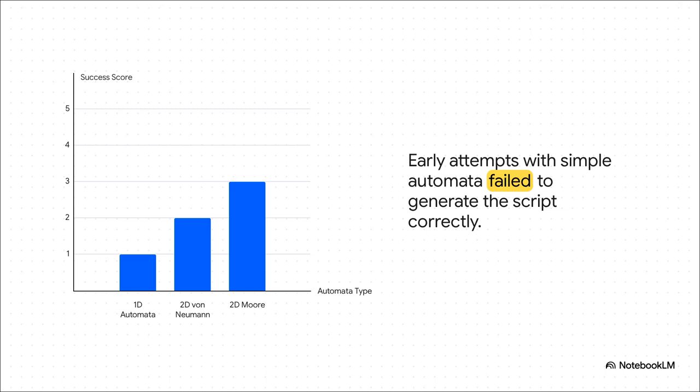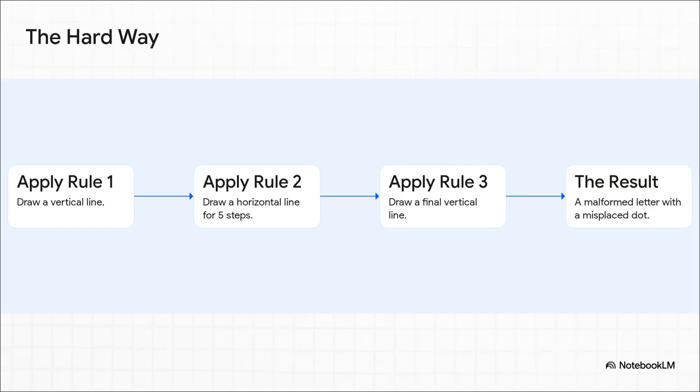When they moved up to more complex 2D models, which look at neighboring cells in different ways, they either got these badly formed clunky letters, or the rules would just start fighting each other, breaking the script as it was being written. And get this, just to generate one letter, like the Persian letter B, it took this slow, clunky sequence of rules. Not only was the process totally inefficient, taking step after step, but the final result was a mangled character with its dot in the wrong spot.